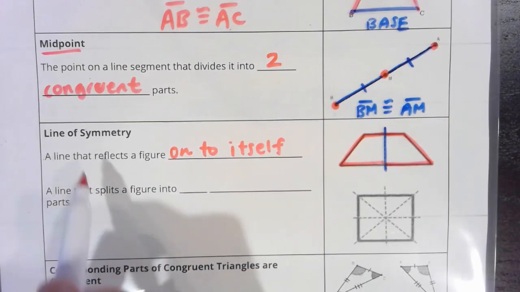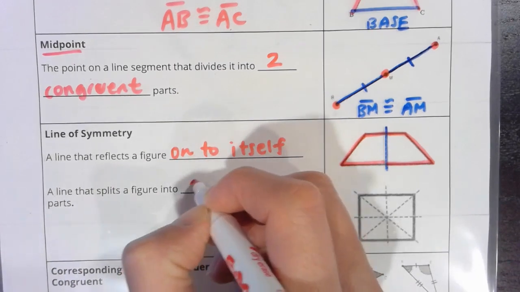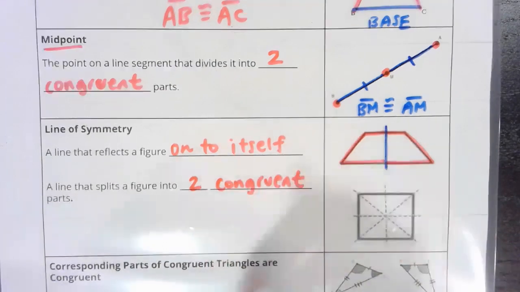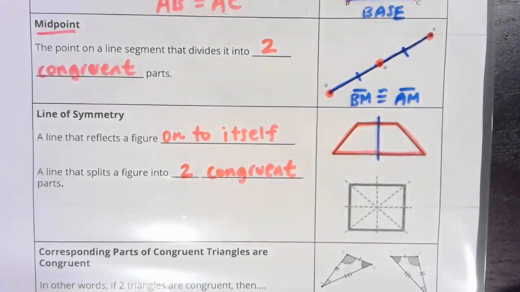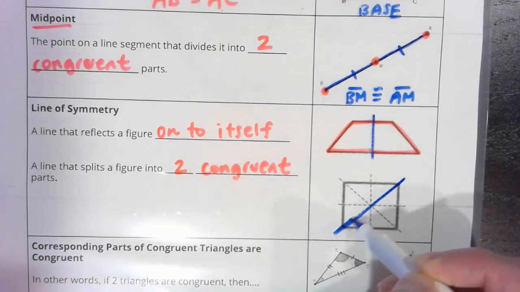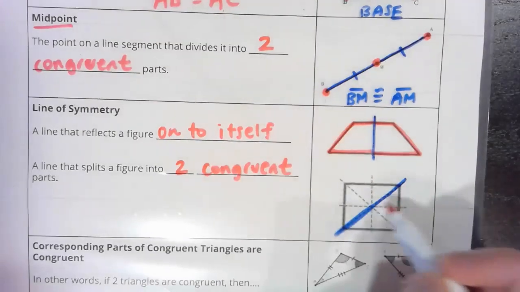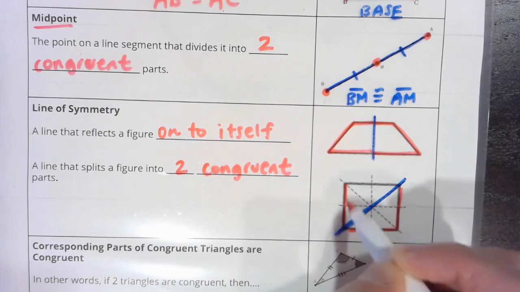Another way of thinking about a line of symmetry is that it's a line that splits a figure into two congruent parts, or two equal halves. So for example, this is a square and it has multiple lines of symmetry. Let's look at this line of symmetry right here. Notice how it splits this square into this half and this half.